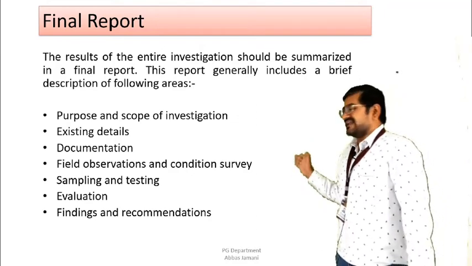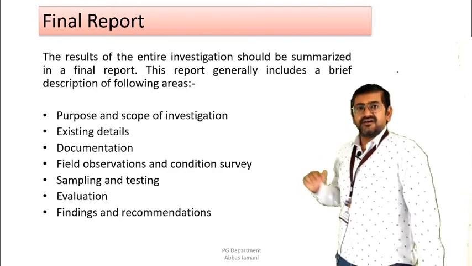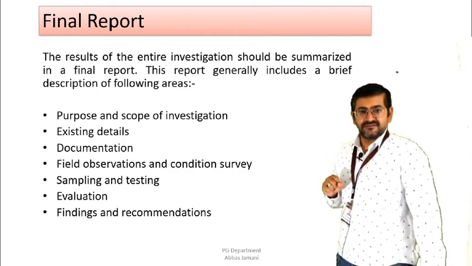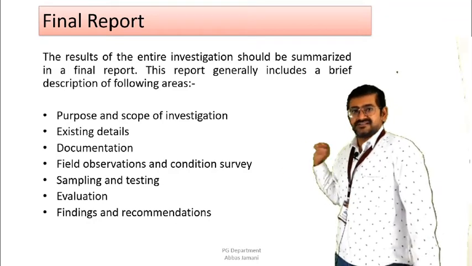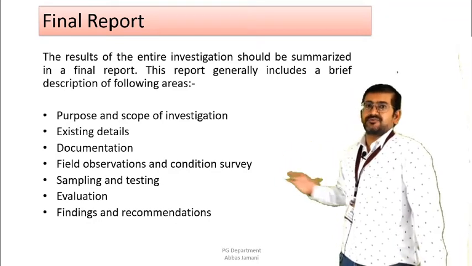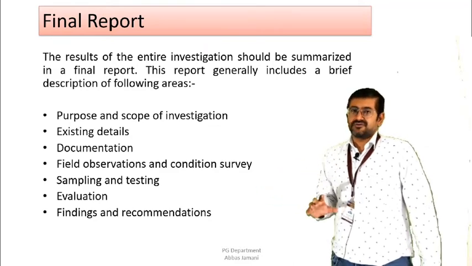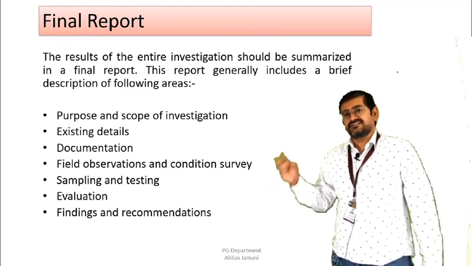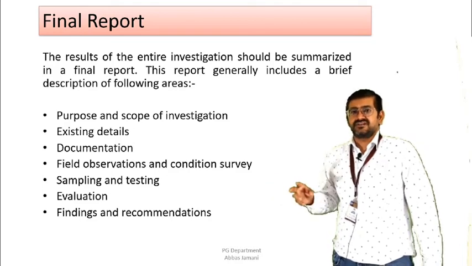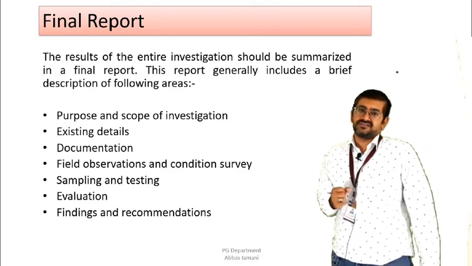Then sampling and testing carried out on the site, that is, NDT tests and exploratory removal. Along with that, the evaluation results, and based on that, you propose your recommendation and conclusion whether the proposed objective can be achieved or not. If yes, then show what is the cost associated, what is the time associated, and what is the sequence in which the construction is to be done. Right?